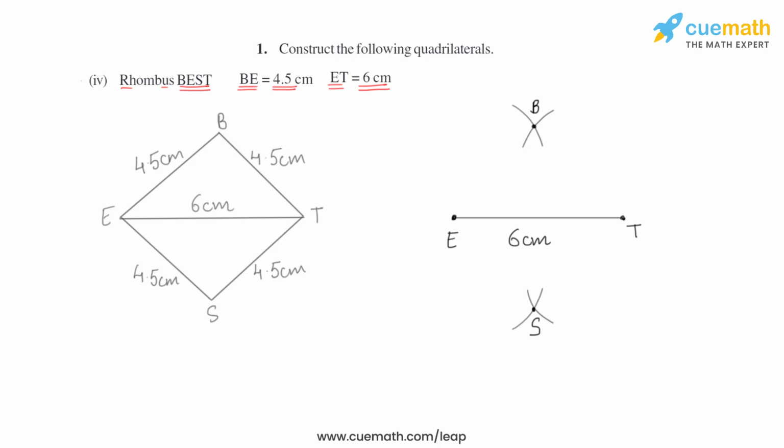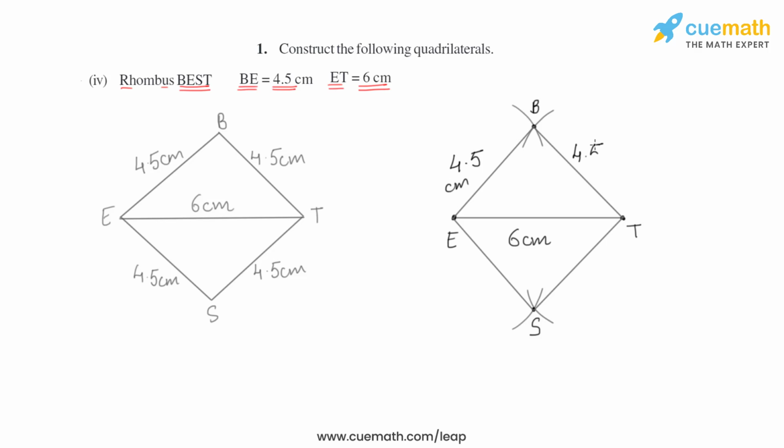Now join all the four sides, that is EB or BE, then BT, then TS and then ES. So this is the required rhombus. All the four sides are equal and the length is 4.5 centimeters.